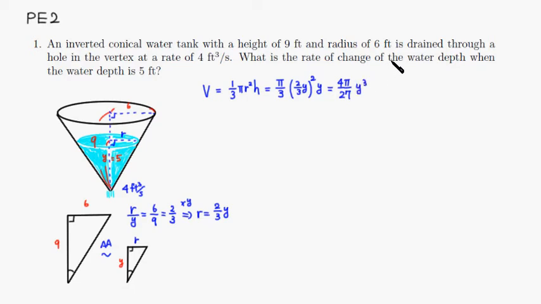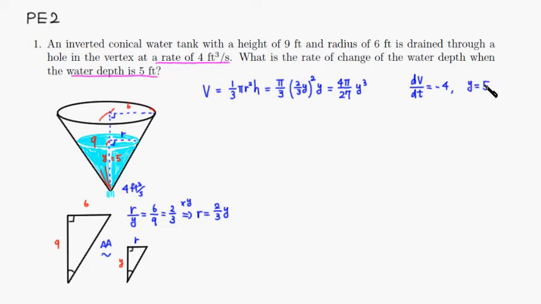And what else is given? The rate of change of the volume is given, so dV over dt is equal to, since it's draining, -4. Also, at this moment the water depth is equal to 5 feet, which means y equals 5 at this point.